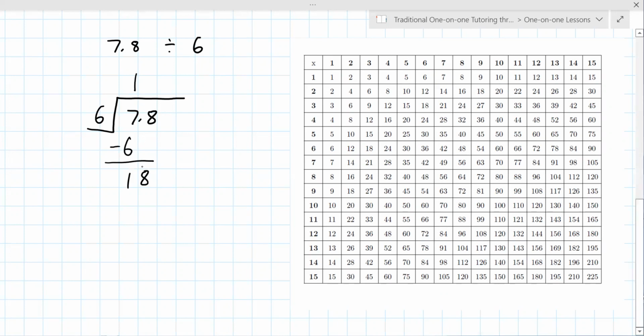So how many times does 6 go into 18? 3 times. So I put that on top of the 8, right? That's right.